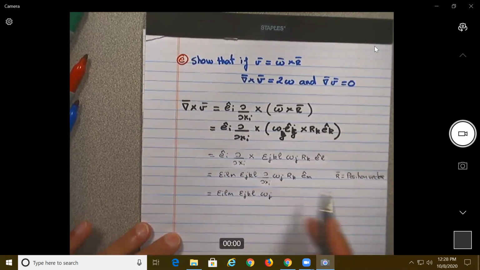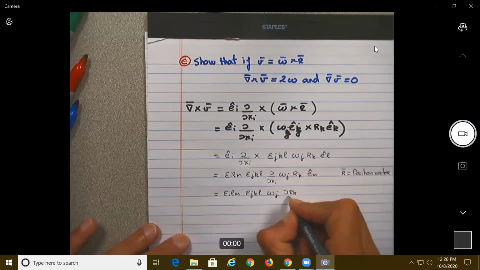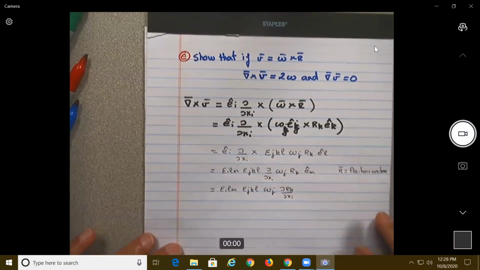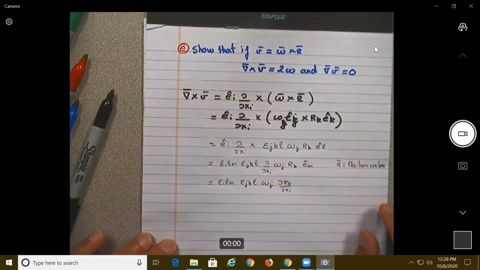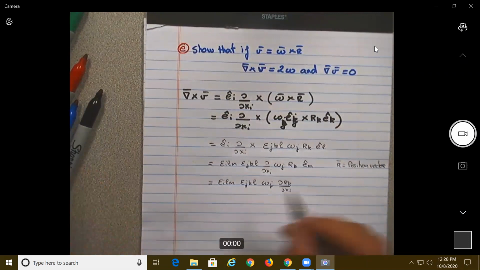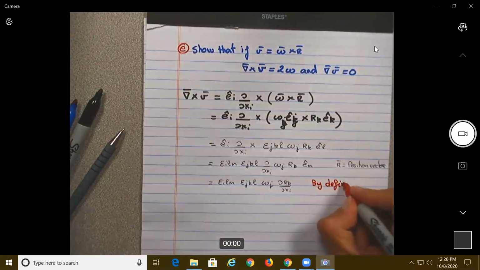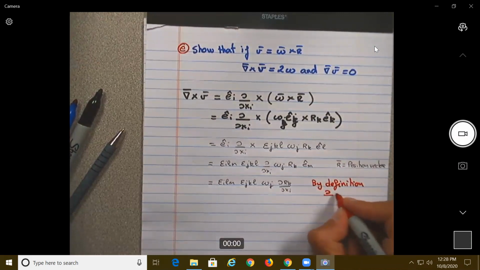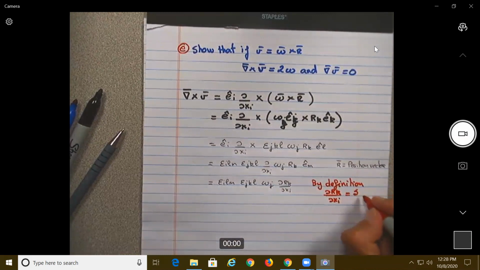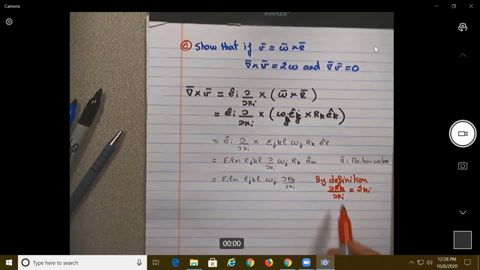So if I take the derivative of this one with respect to this one, I take the partial of R sub K, partial X sub I. This is something that I got from the book, and by definition, the partial of R sub K, partial X sub I is equal to delta_Ki, because this needs to be equal, no?